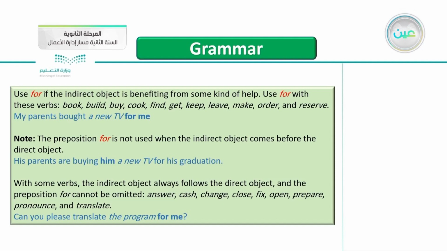So with these verbs, we cannot omit for, and the indirect object always follows the direct object. Can you please translate the program for me? So the indirect object is following the direct object, the program and for me, and we cannot omit for here.